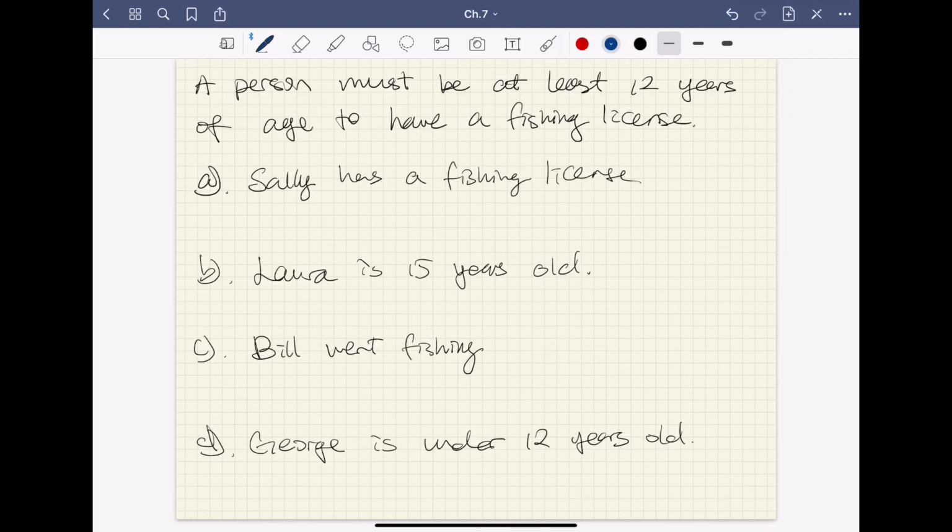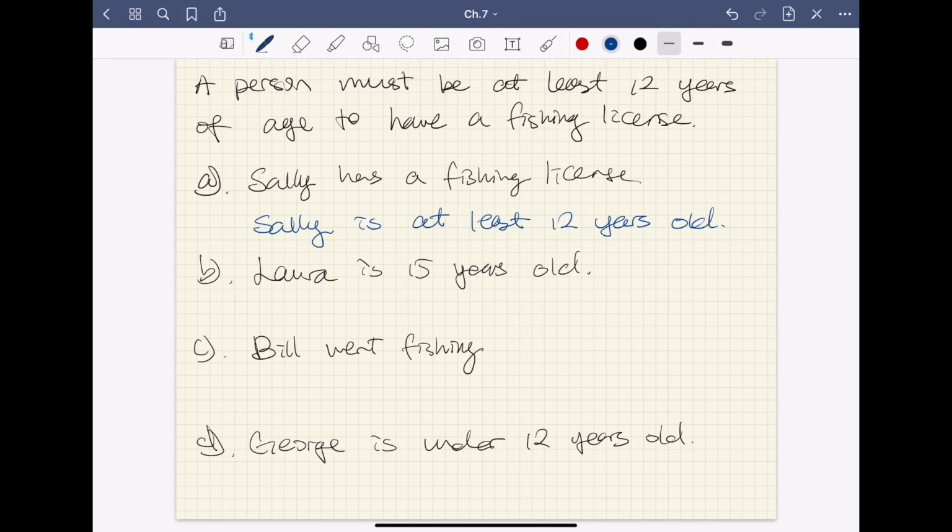If she has a fishing license, we know that she must be 12 years or older. So Sally is at least 12 years old. If she is less than 12 years old, then she will not be able to have a fishing license.